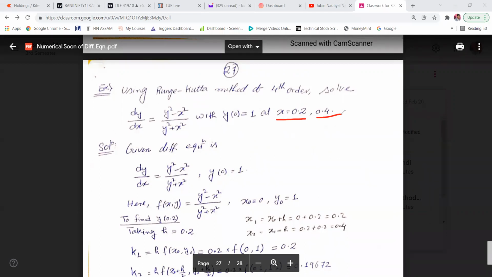And the initial condition is, when x is equal to 0, the value of y is 1. So x naught is 0, y naught is 1. After finding the solution, you need to find the value of y at x equal to 0.2 and 0.4.